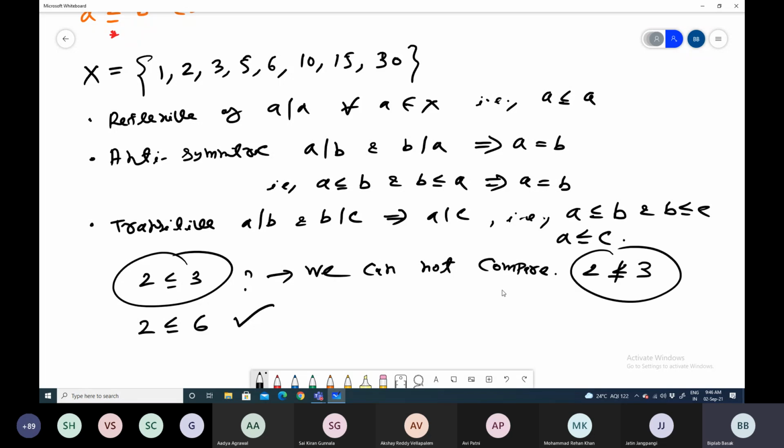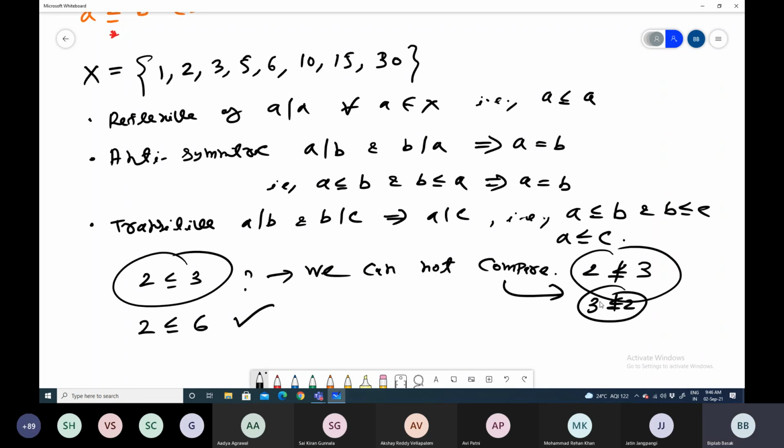This is the meaning of compare and not compare. Between 2 and 3 there is no relation, so we cannot compare them, because 2 is not related to 3 and 3 is not related to 2.